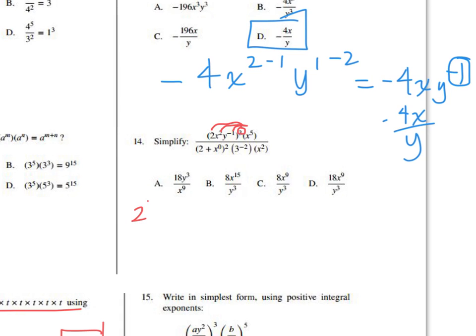So we're going to have 2 cubed x to the, what's 3 times 2? 6th, y to the negative 3rd times x to the 5th over, well, what's x to the 0 power? 1. So I can add 2 plus 1 is 3 squared times 3 to the negative 2 power times x squared.